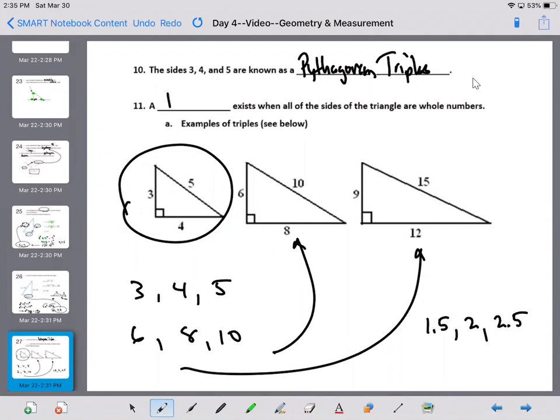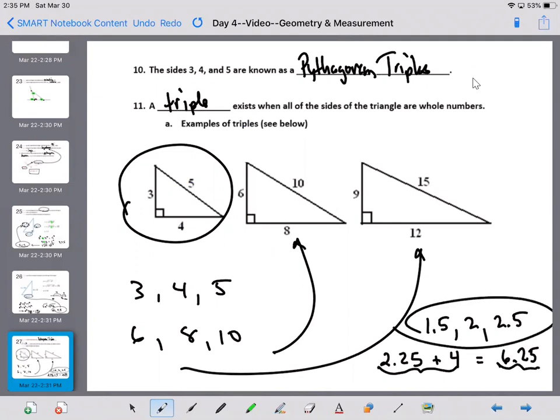You can look at what 1.5 squared would be, and that would be 2 1/4. 2 squared would be 4, and 2.5 squared would be 6 1/4. So if you add 2 1/4 to 4, you would get 6 1/4.